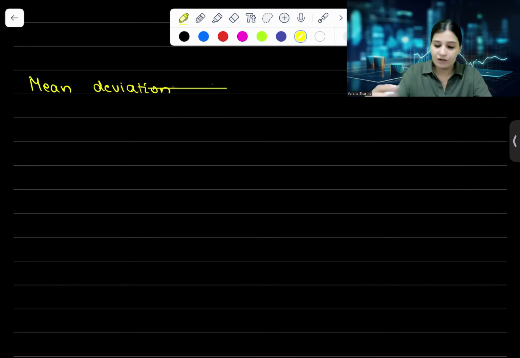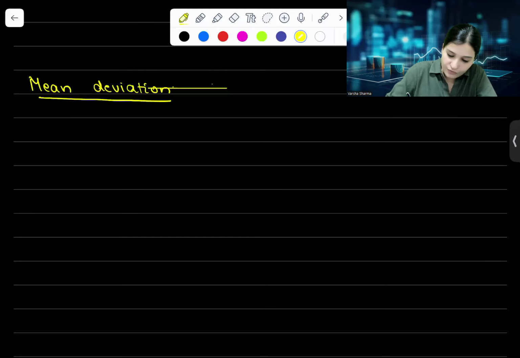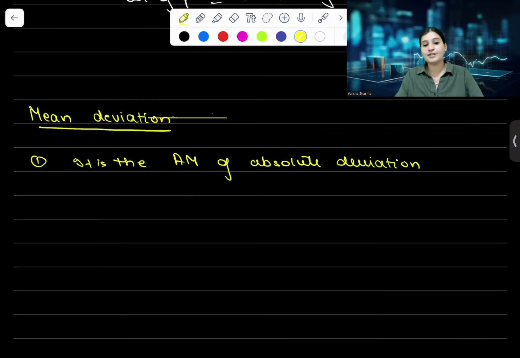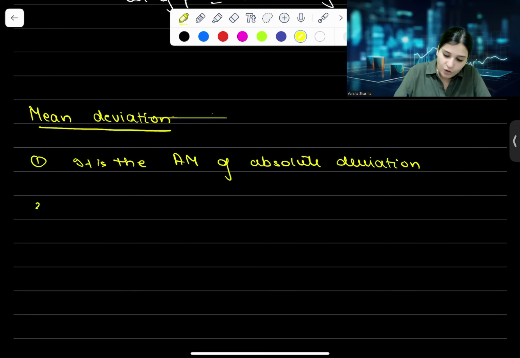When we talk about mean deviation, it is the arithmetic mean of absolute deviations. In the entire dispersion, we don't consider the negative sign. So it is the arithmetic mean of absolute deviations. What do we mean by that? Now, this can be obtained.